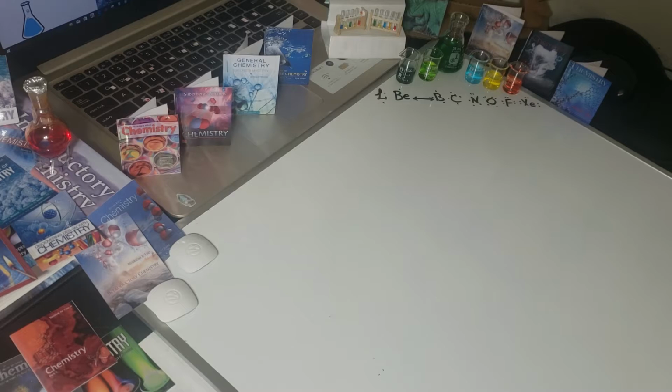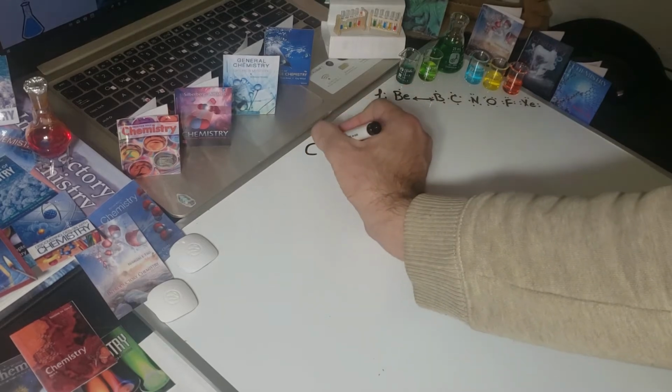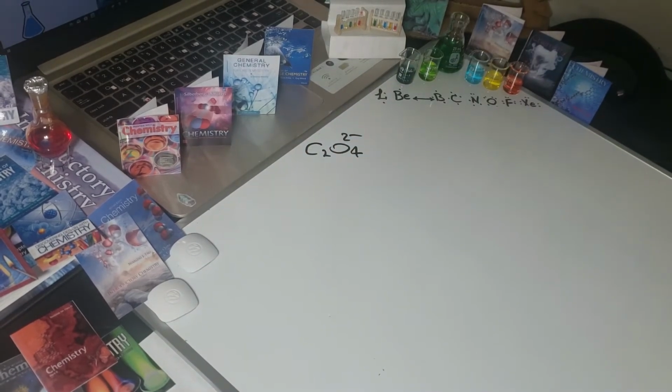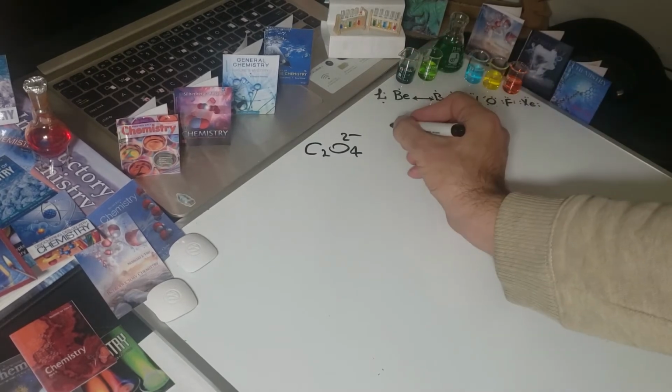Let's start with a simple one, okay? Let's start with the C2O4 double minus. That's oxalate. So C2O4 double minus, and there's a rule for this.